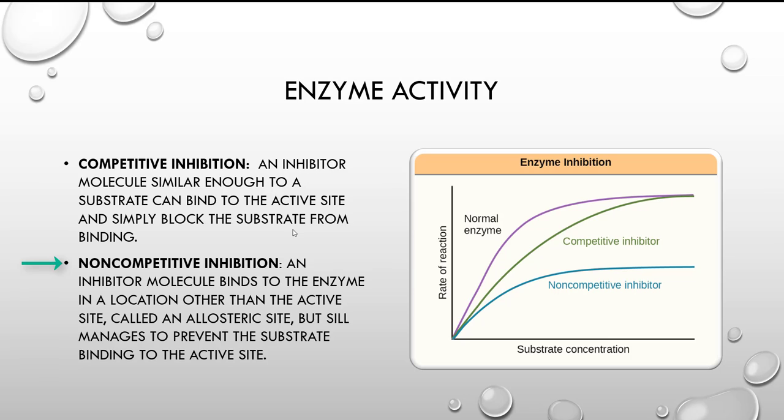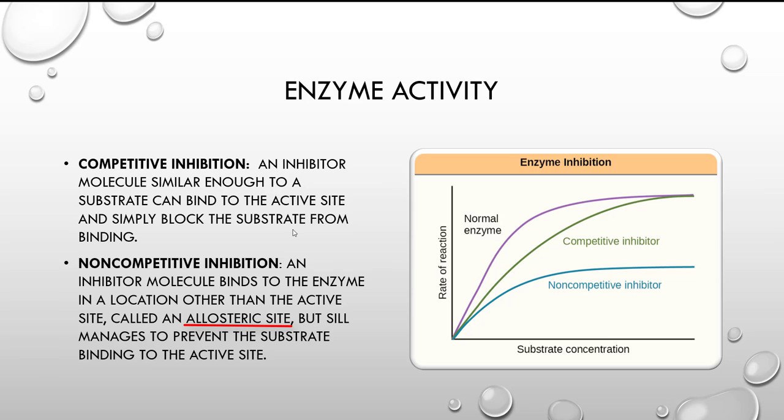In non-competitive inhibition, it's similar to competitive. It's just that instead of the molecule binding to the active site, it's binding to another part of the enzyme. And in doing so, it changes the shape of the active site. Okay, so it prevents the substrate from binding to the active site because now the active site is differently shaped. It's misshapen.